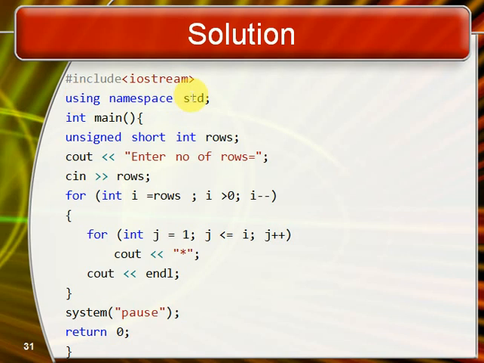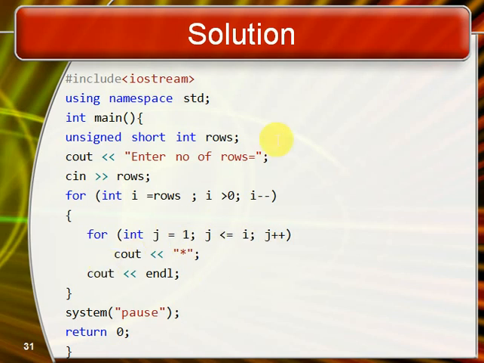It's the program of the above pattern, starting from a preprocessor directive, then a main function. It contains an unsigned short int variable row. The number of rows will be entered by the user. Then it's a loop that is processing I start from row, I greater than 0, I minus minus, then it's an inner loop.